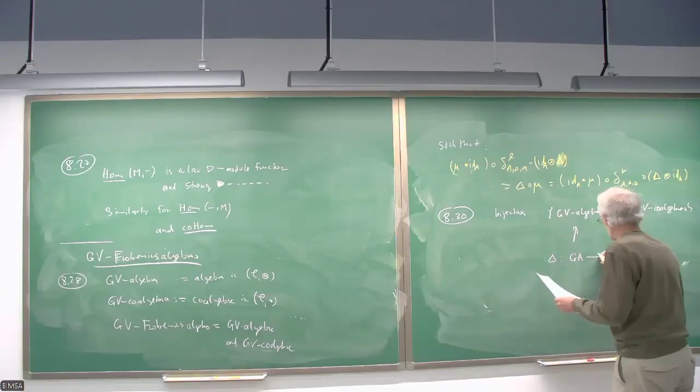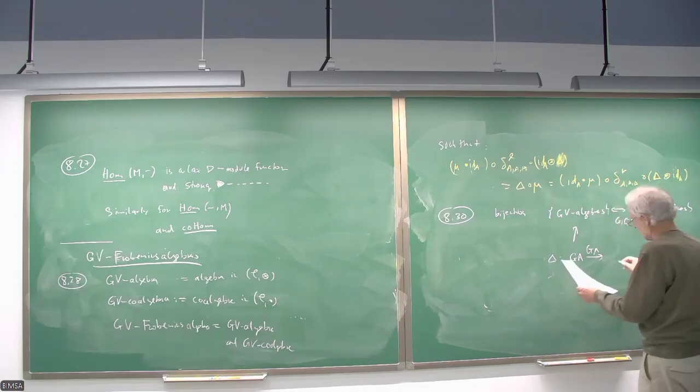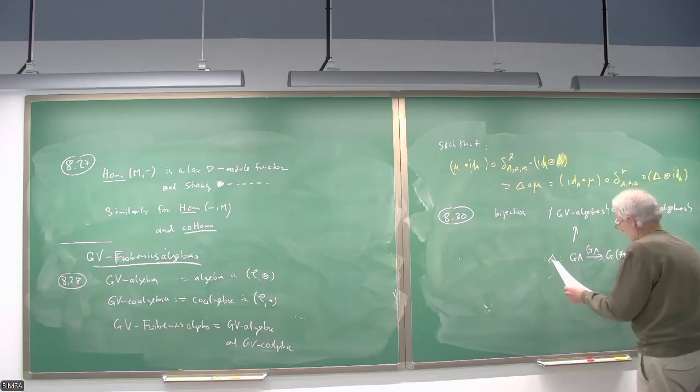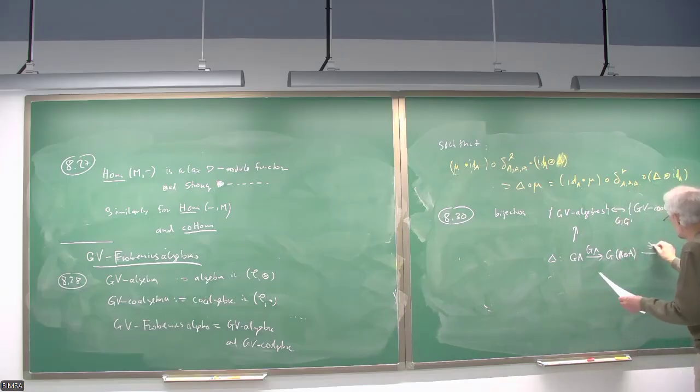We start from G applied to A, apply G of mu to get to G of A tensor A. And then we know there is an isomorphism to GA block GA.